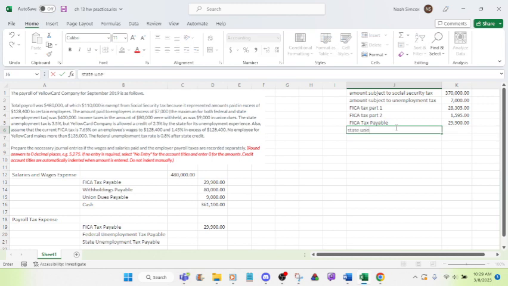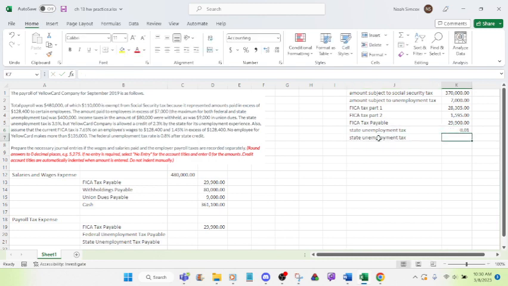So state unemployment tax equals 0.035 minus 0.023. So state unemployment tax is equal to this times this. And the federal unemployment tax is equal to... wait, what?